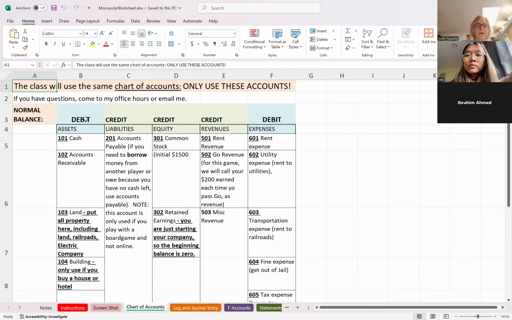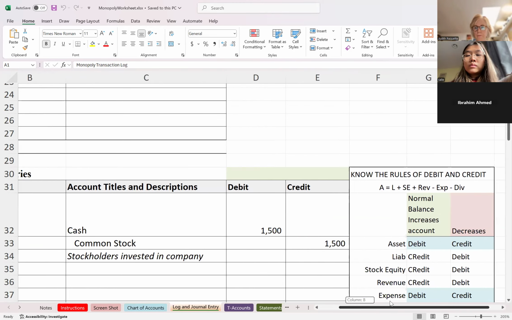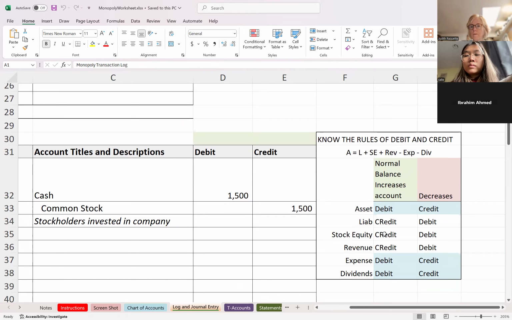So if you think about the accounting equation, you can see it here. Normal balance increases. Assets are on the left. Debit means left.